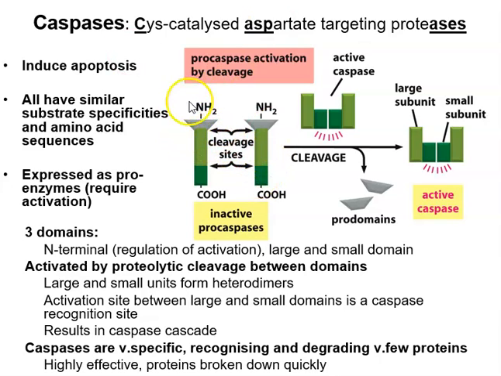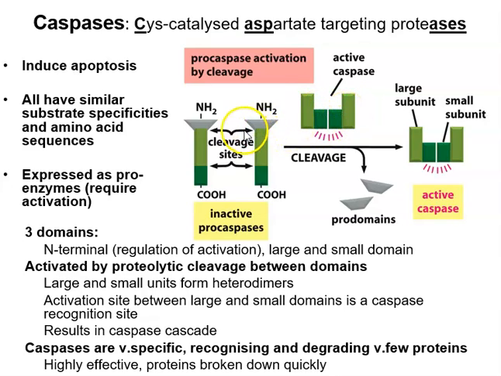They have an N-terminus and a C-terminus. The N-terminus is crucial for binding into the DISC, the death-inducing signaling complex, and then they have two cleavage sites. They are cleaved away from the death-inducing signaling complex, and they are also cleaved in the middle to produce two heterodimers which come together to create one functional enzyme.